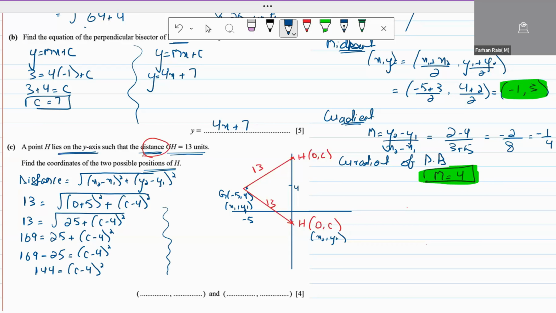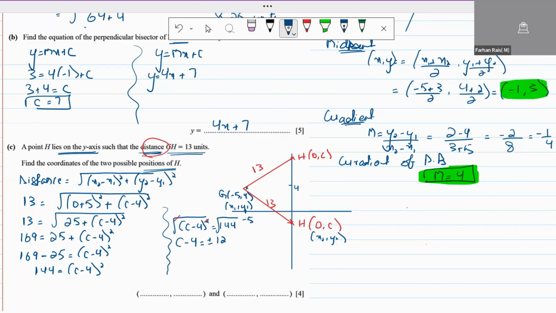Now to finish the square, we'll take the square root. So (c minus 4) whole square equals 144. The square would cancel the root, giving us c minus 4 only. And the square root of positive 144 would be plus or minus 12.